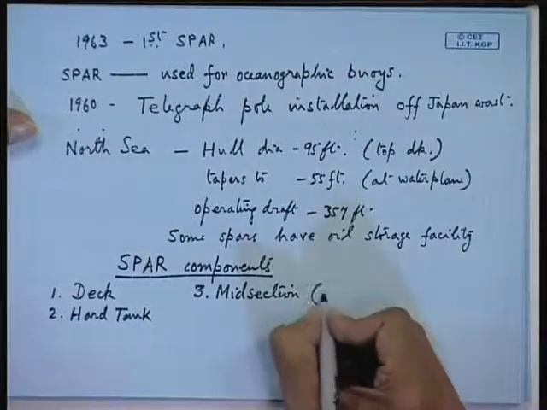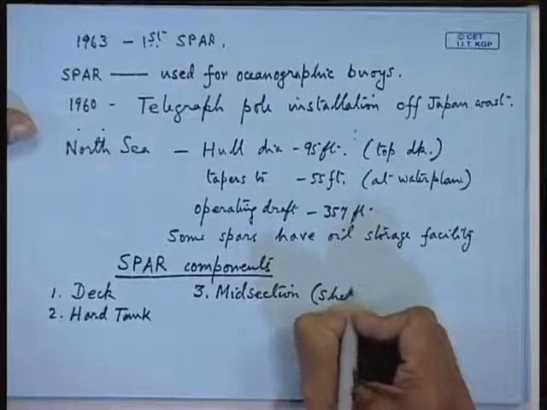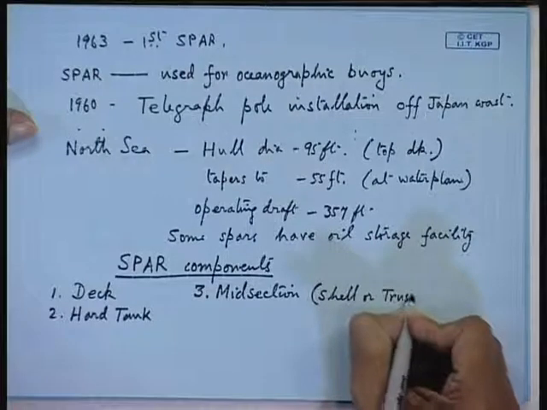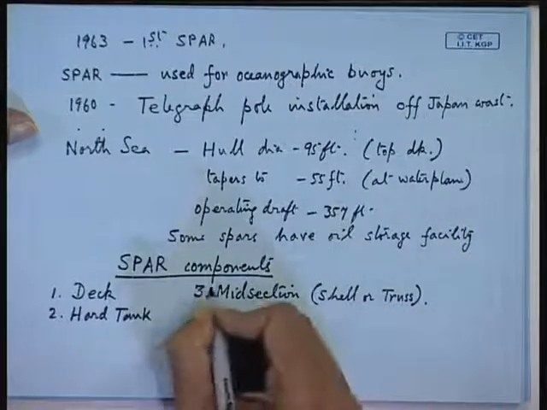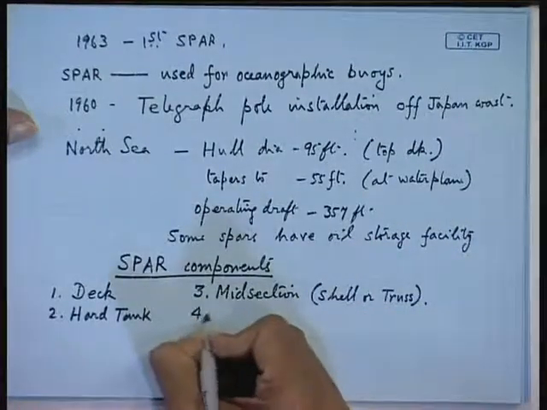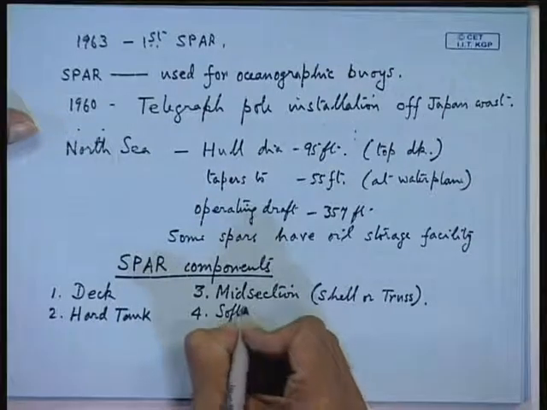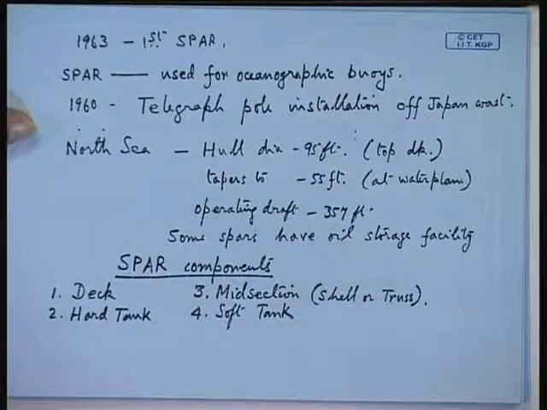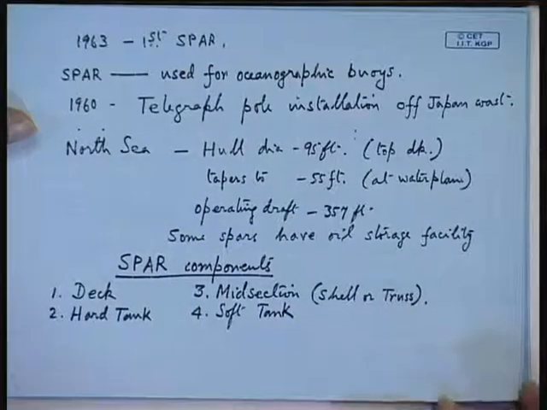This is a shell or truss. The last one is your soft tank. So these are the 4 structural components that make up the spar platform.